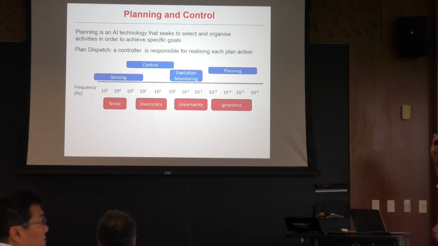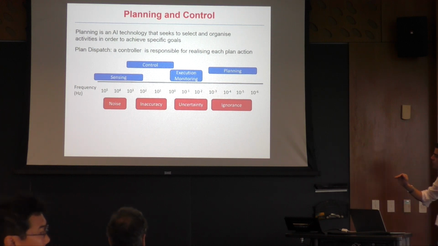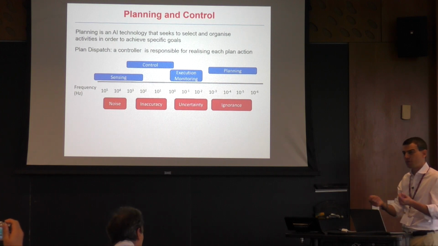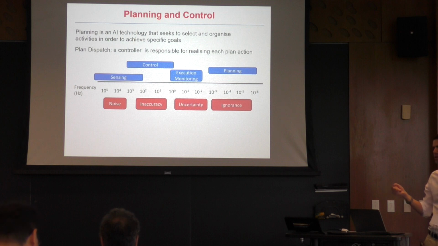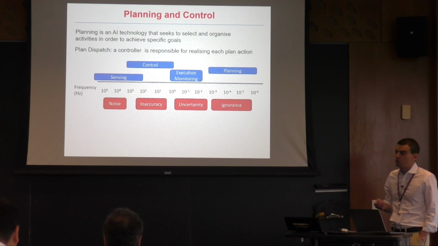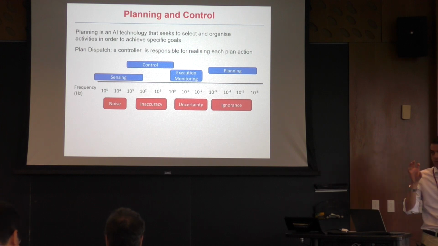And then when you move toward the left-hand side, you start working with execution monitoring, and there the problem is that there is uncertainty, meaning that you don't know what's going on in the environment, for example. And then at the control level, you have inaccuracy, because, for example, you cannot assume that the actuators are exactly precise, right? There could be inaccuracy again. And then finally, at the sensing level, you have noise. So you cannot expect that your sensor will actually capture the real environment with full details.